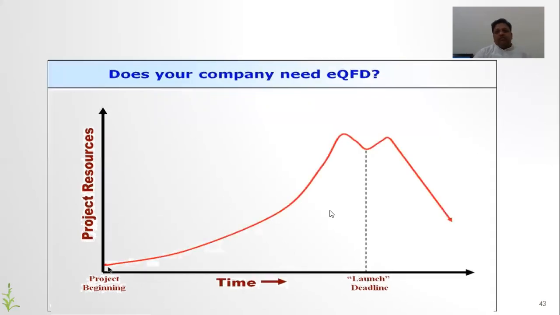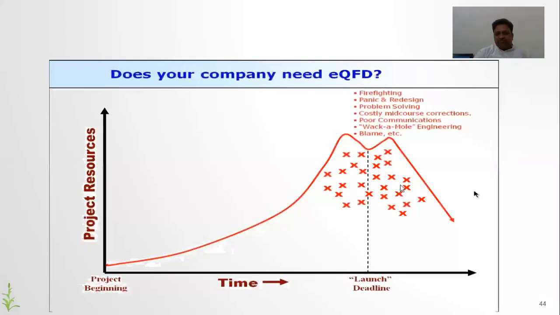Here you can see the approximate timeline and the approximate, averaged activity. In that, normally everything piles up in and around the launch deadline.